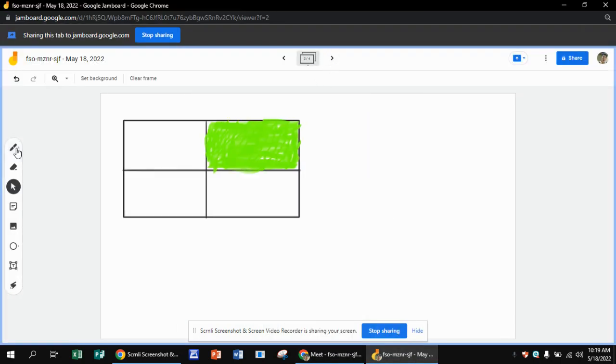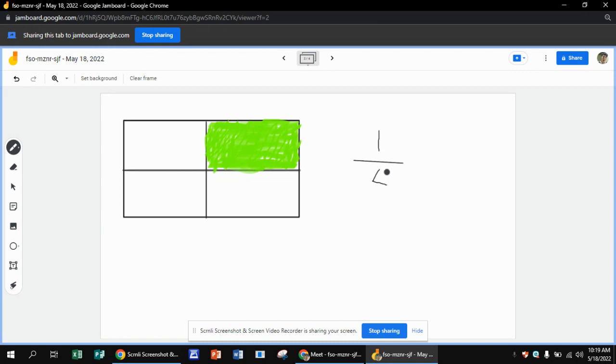Let's have a square naman. How many shaded regions do we have in this square? 1. Our numerator is 1, then the fraction bar. What is our denominator? 4.